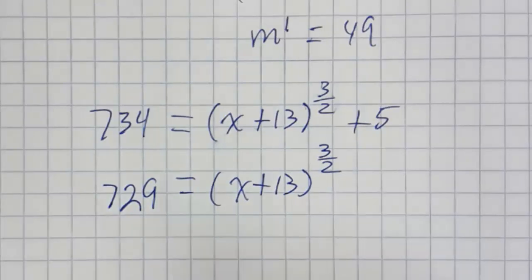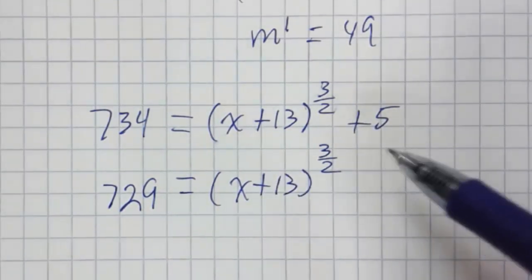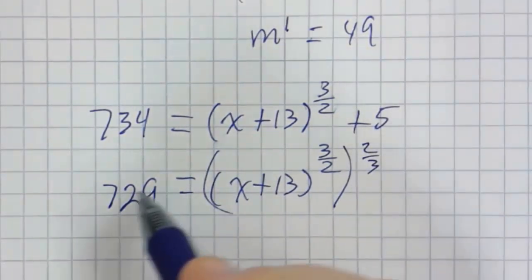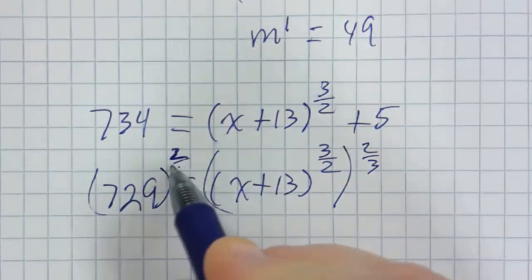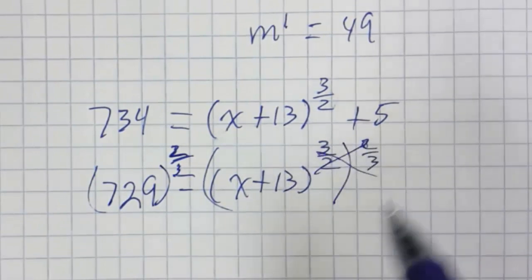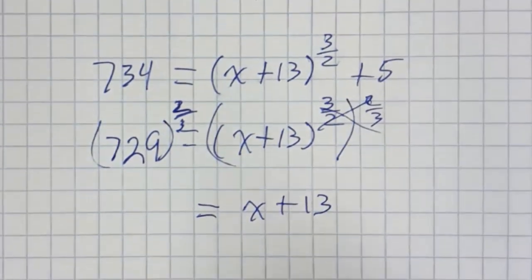Now to get rid of the power of 3/2, we're going to raise both sides to the 2/3 power. What happens over here is the exponents cancel out, leaving x plus 13 to the first power, which is just x plus 13.